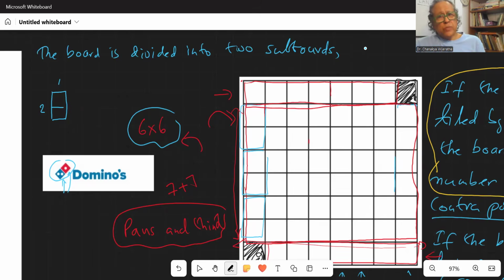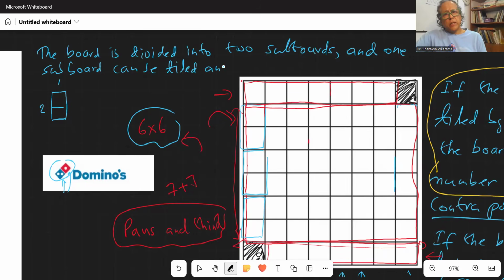The board is divided into two subboards, and one subboard can be tiled, and the other one cannot be tiled.